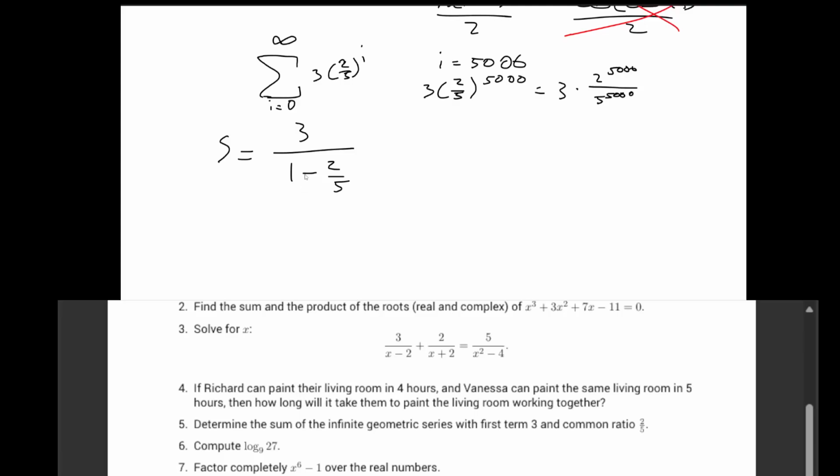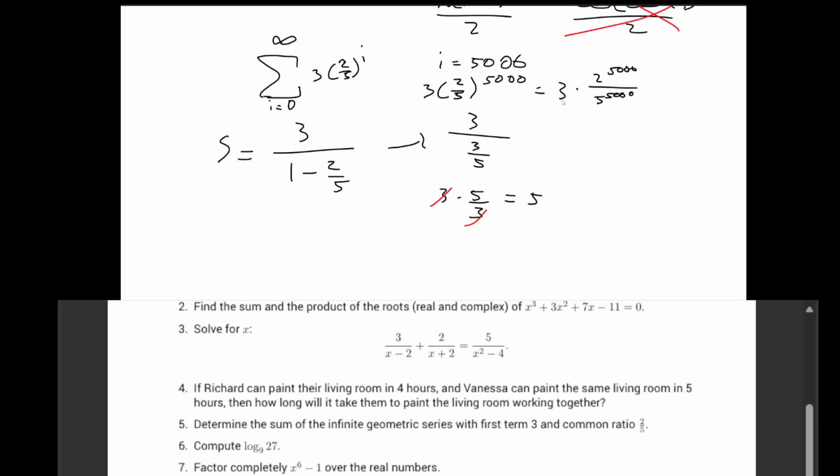But if it's an MCQ, you should definitely know how to simplify this. And in fact, we can do this right now. 3, and this would just be 5 over 5 minus 2 over 5, which is 3 over 5. So 3 times 5 over 3. These will cancel, and we just get 5. The sum will equal 5. Okay, so that would be our answer to that question.